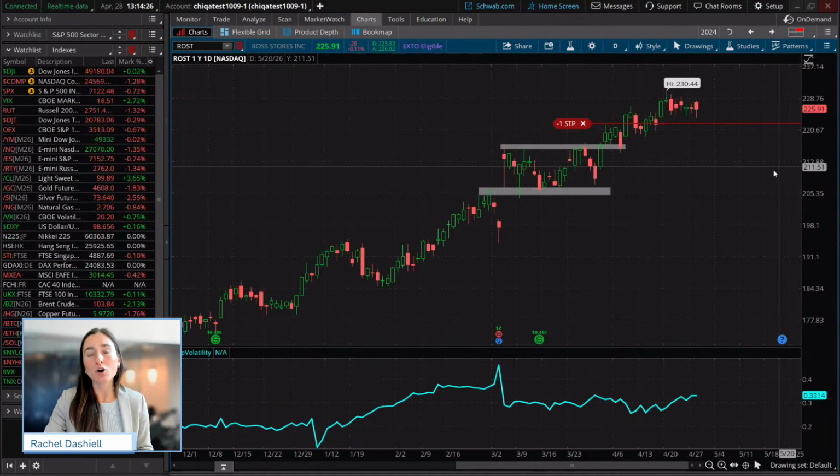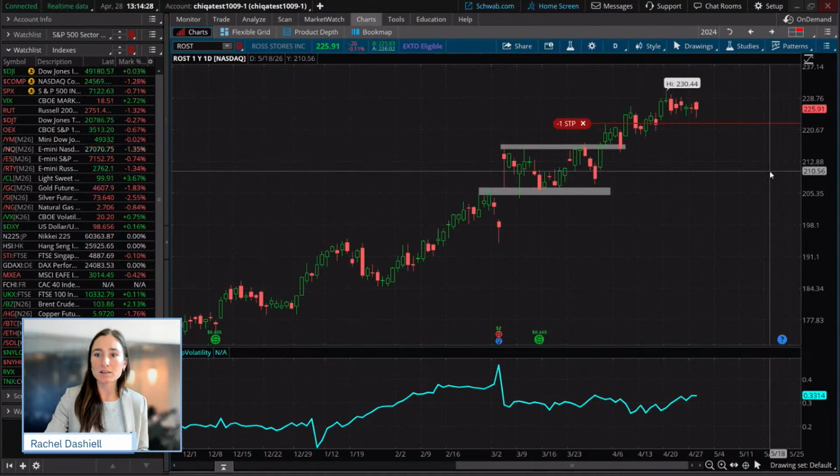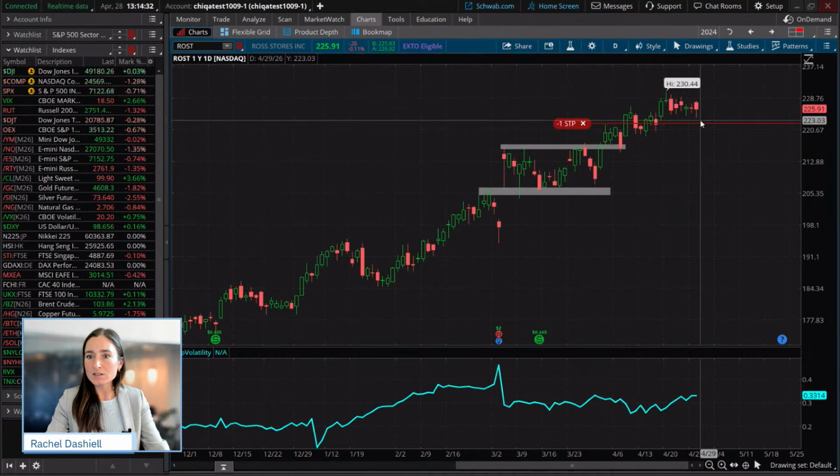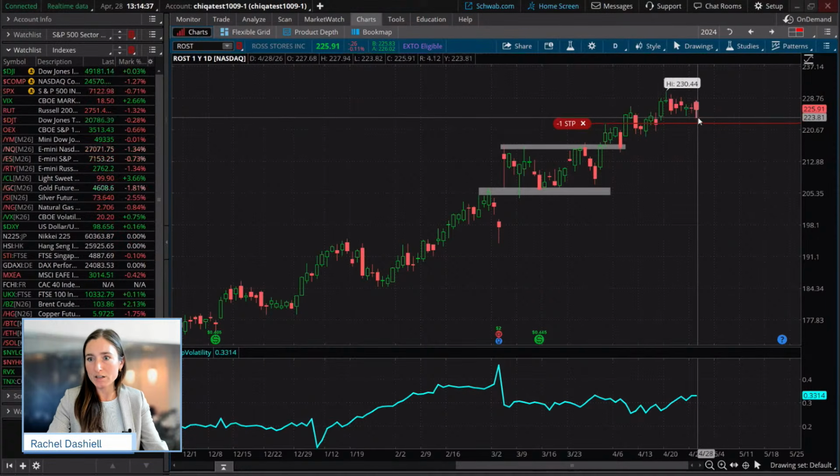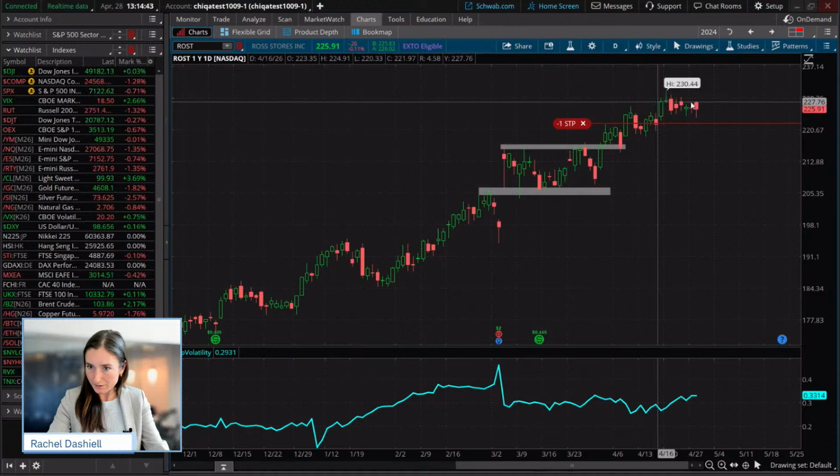We're going to sell a call option against it to say that we are short-term neutral here. Because as you can see, the price of Ross has been trading in this little range over the last week or so, or last week and a half or so, okay?